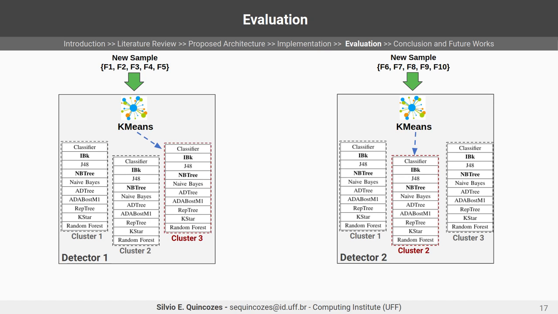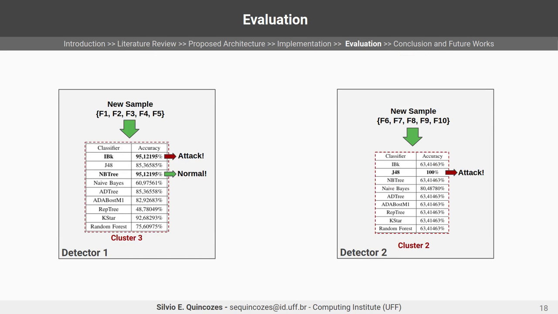Detector 1, in a specific case, clustered the unknown sample into cluster number 3, and in this cluster the best classifiers are both IBK and NB3, both with 95% accuracy. However, this unknown sample was classified into a different class by each classifier. So detector node number 1 doesn't have the capacity to define if it's a normal or an attack sample.